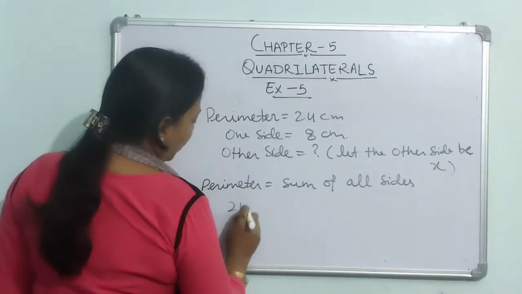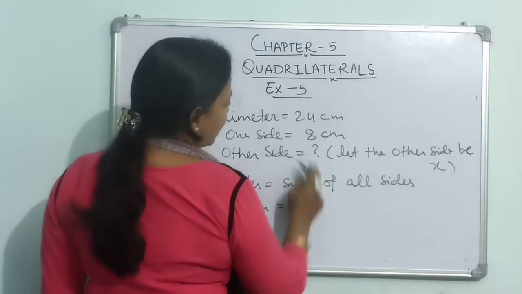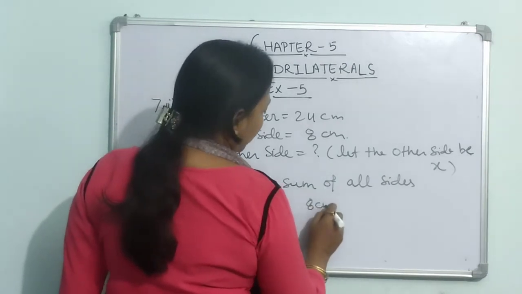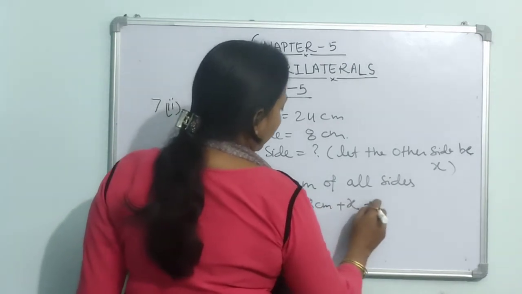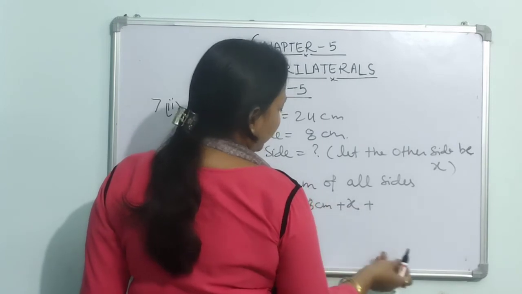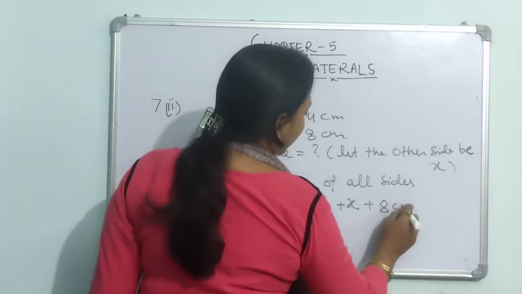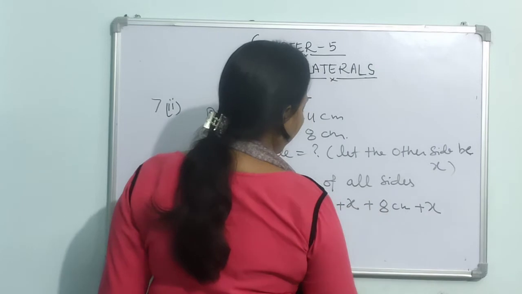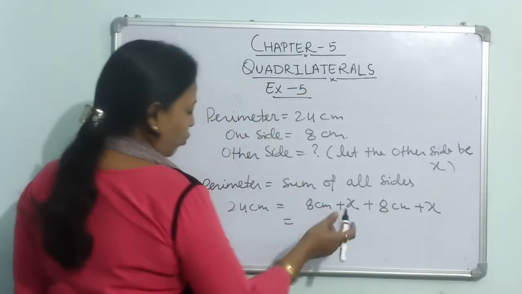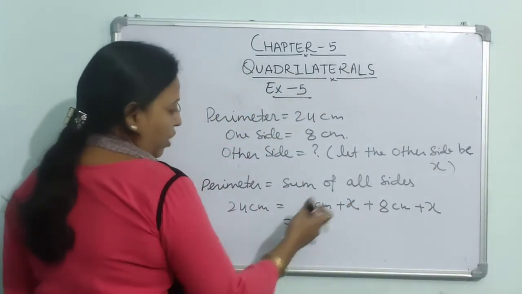Perimeter is equal to 24 centimeter. One side is 8 centimeter. Other side is x. Then again we know opposite side is again 8 centimeter plus x. You can write 2 times of this. Also one more method is there, but this is easy. You can do this way.